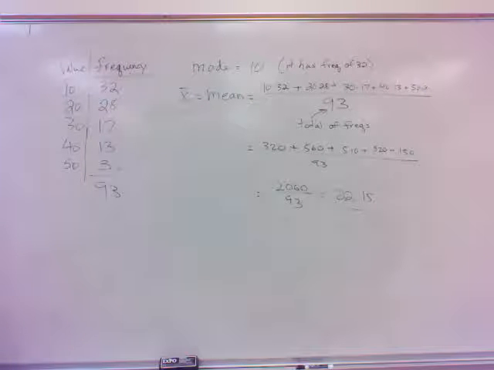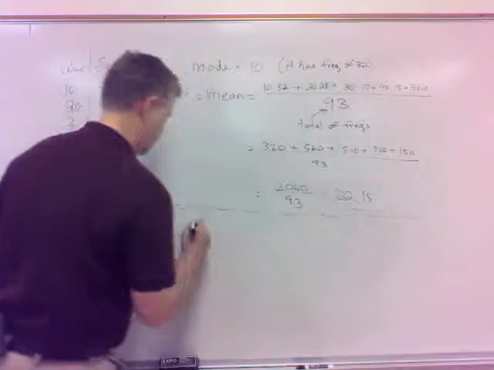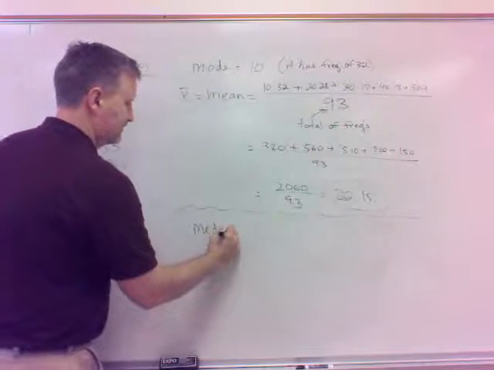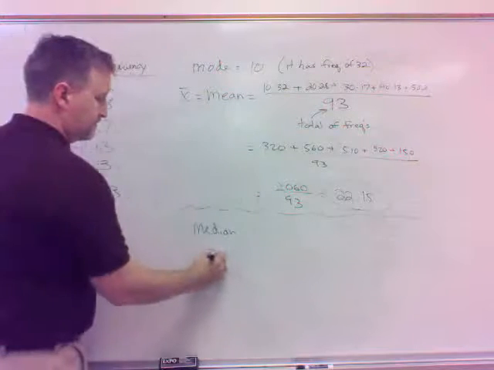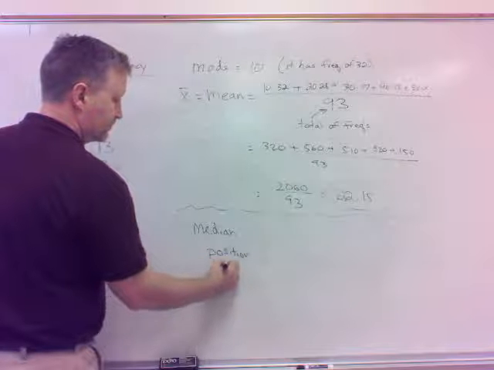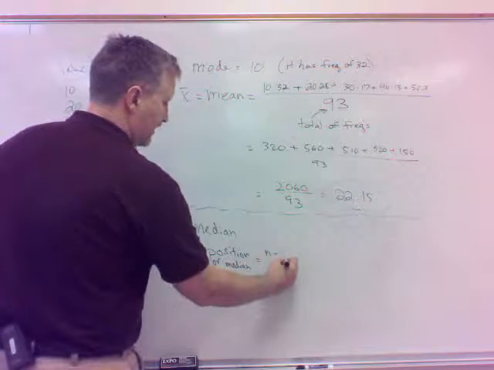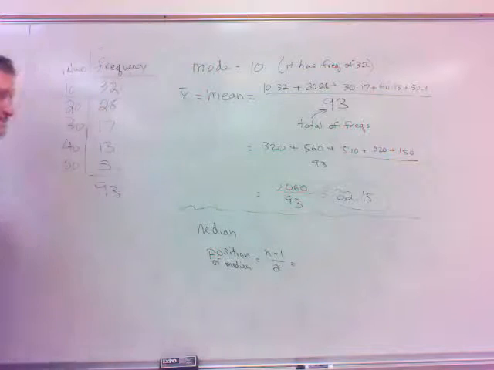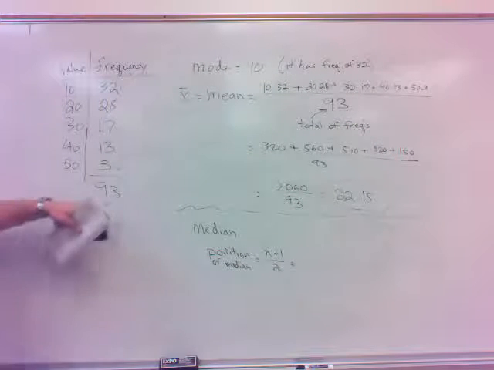Which leaves one final calculation. The median? Well, its position of the median, got that formula, n plus 1 divided by 2, will be what in this case? Number of values has got 93.